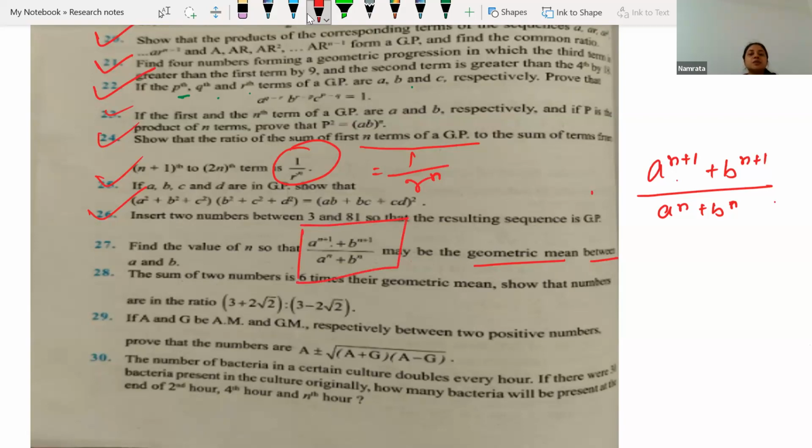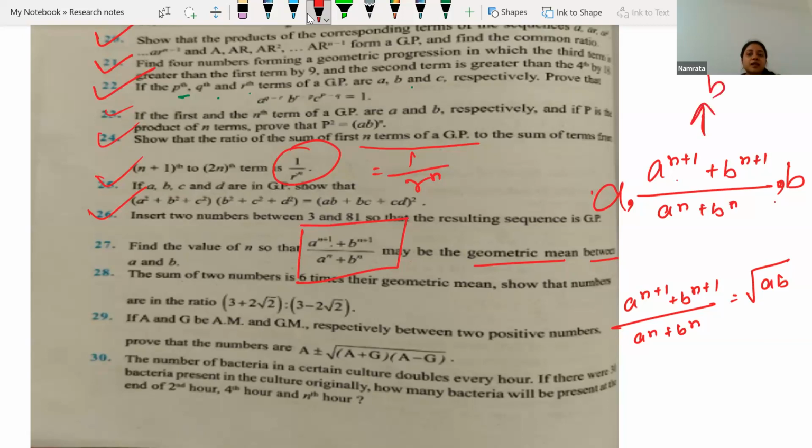If it is the geometric mean between A and B, the first term and the next term, can we write the middle term, that is A to the power n plus 1 plus B to the power n plus 1 divided by A to the power n plus B to the power n, equals under root AB? Since it is a geometric mean, B square is equal to AC and B is equal to root AC. This is our B, and this is A, and this is, let's say, C. So accordingly we are using the formulas.